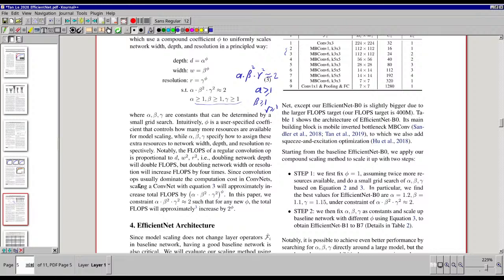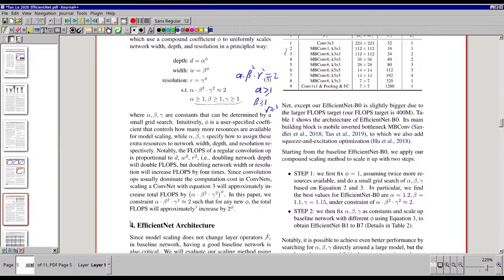Since convolution ops usually dominate the computation cost in ConvNets, scaling a ConvNet will approximately increase total FLOPS by alpha times beta squared times gamma squared, to the phi.